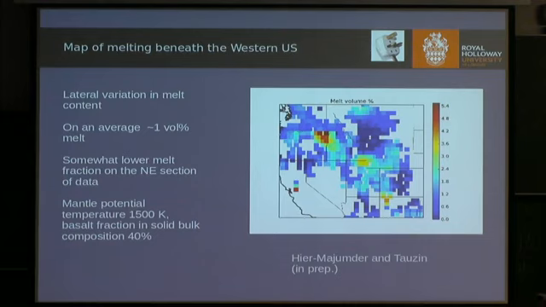What this correlates with extremely well is an AGU poster by Derek Schutt. He had a map of the temperature of the base of the lithosphere, and he sees this very strong bifurcation in the temperature, just like we see.